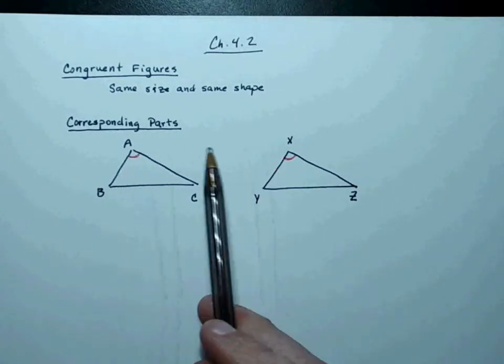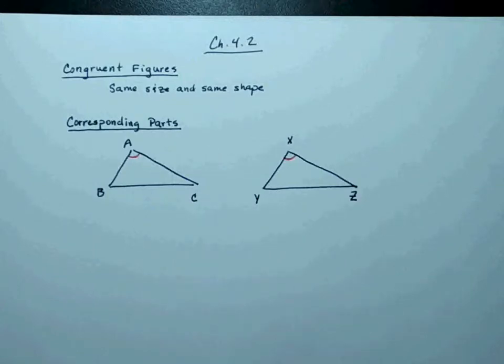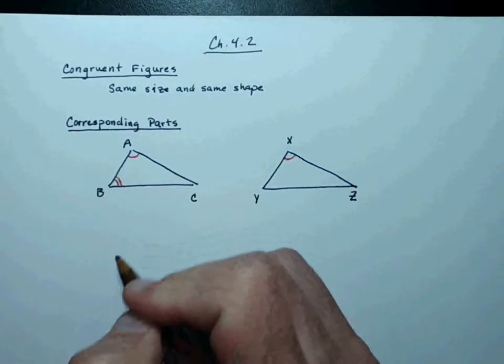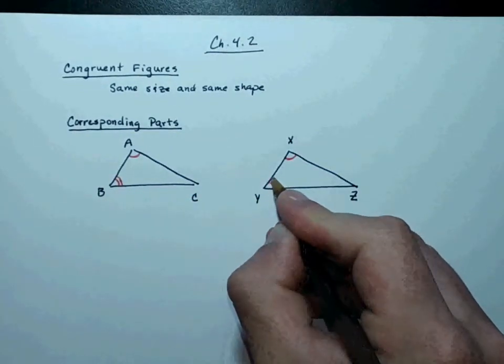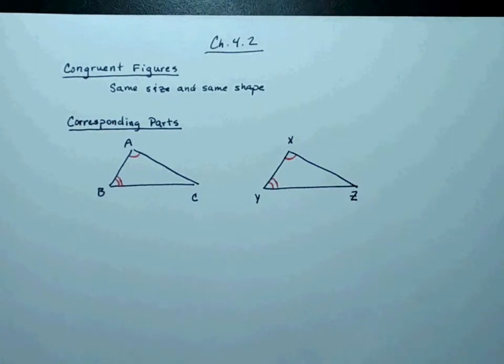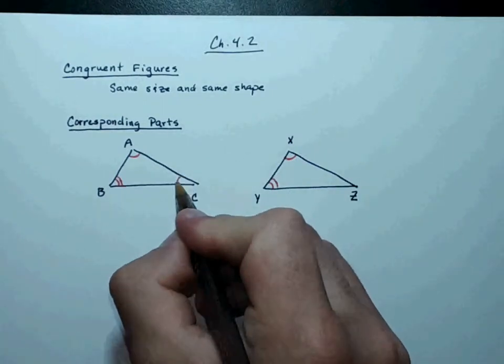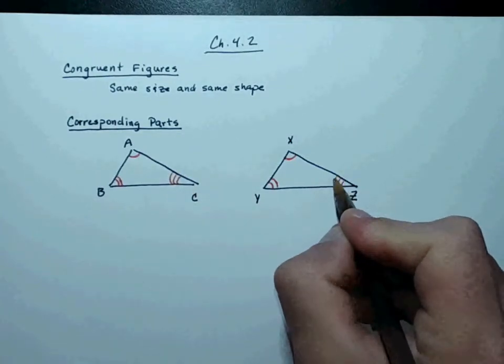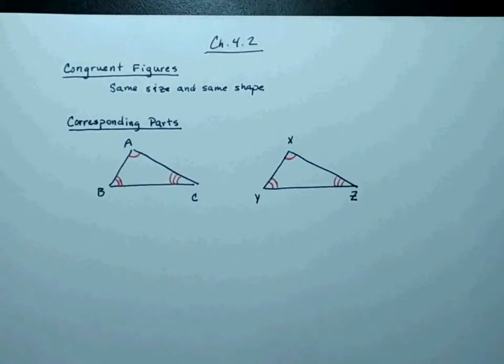So angle A and angle X are corresponding angles, corresponding parts. Angle B would correspond with angle Y because they would be congruent. Then angle C would correspond with angle Z.